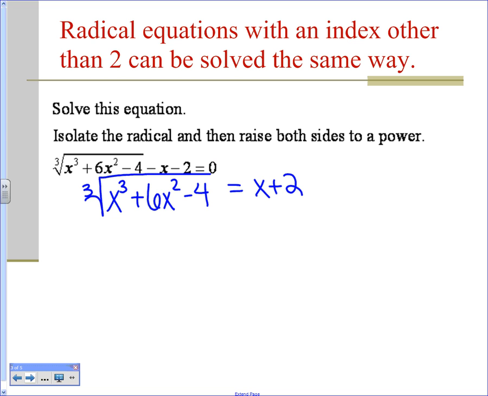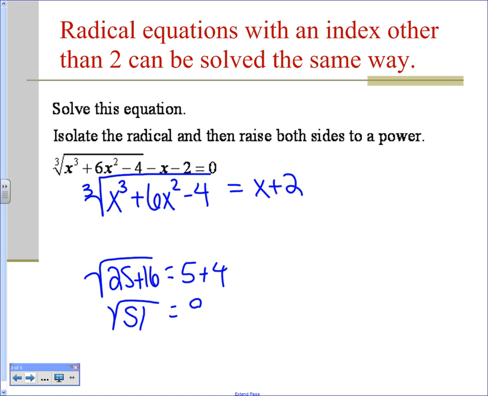Okay, so can you do this? Square root of 25 plus square root of 16. Can it? Yes, you can. Okay, what is 16 and 25? Is that the same thing as 5 plus 4, 9?